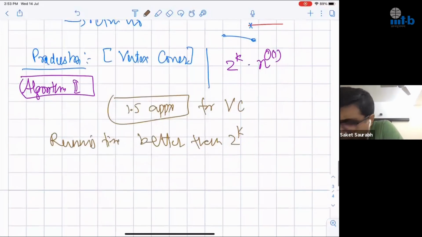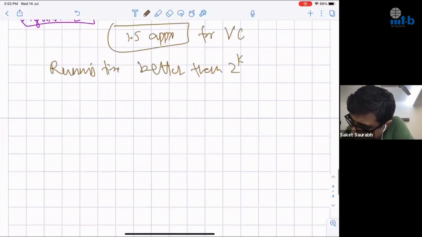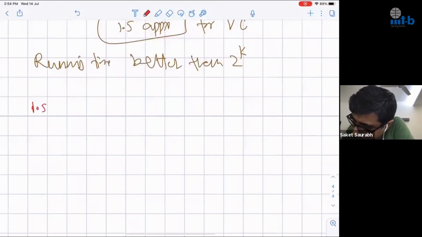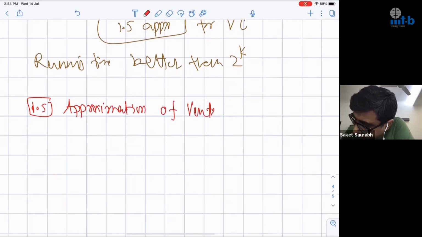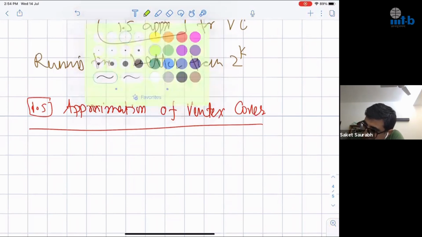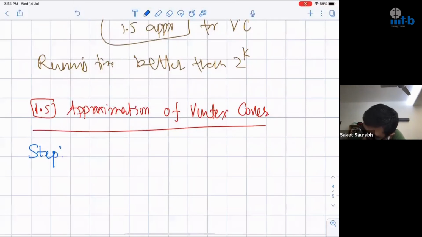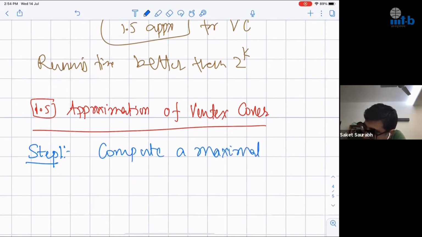Okay. The idea is very simple. So let's see the 1.5 approximation of vertex cover. What I'm going to do is the following. Step 1: compute a maximal matching.